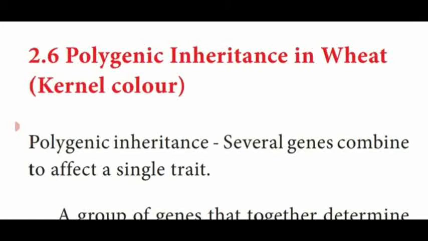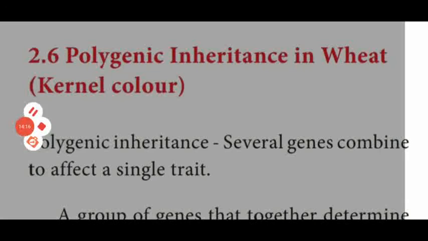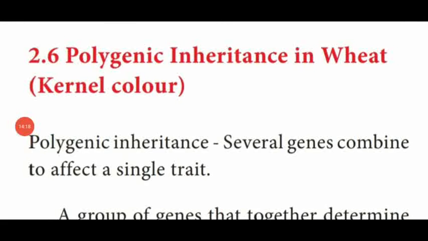Then we have seen intragenic gene interaction, that is the interaction taking place between the alleles of the same gene. Another one, codominance. Both the alleles are expressed simultaneously and expressed in the heterozygote of the F1 generation and F2 generation.